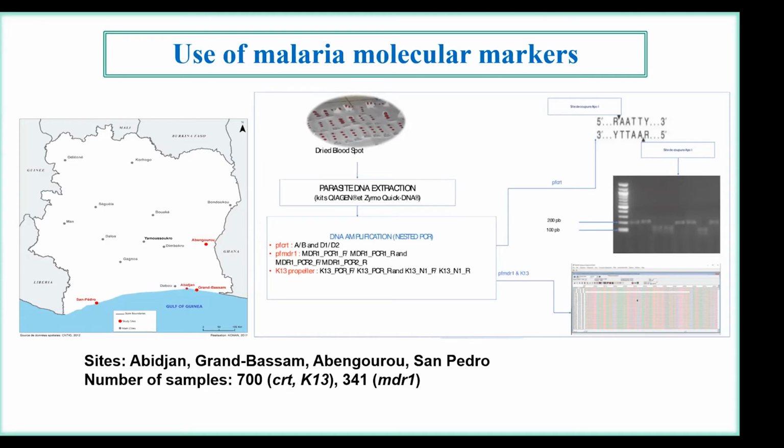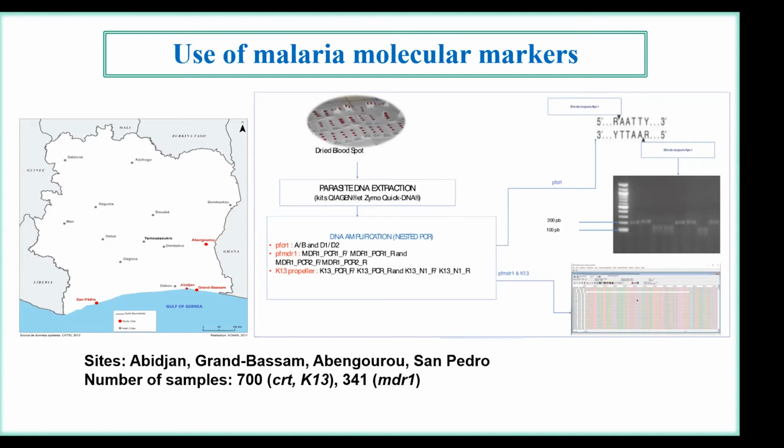For CRT, for example, we perform a PCR-RFLP test in order to know the rate of the CRT 76 allele, and we also perform nested PCR for MDR1 and K13, and we send the PCR product for sequencing, and we did bioinformatic analysis.